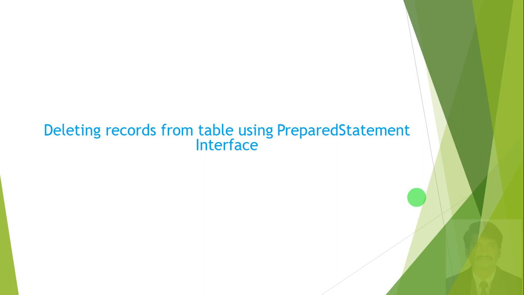Guys, just hold on. Whatever we learned in the statement interface, the same thing we are learning here, right? Using prepared statement, that is inserting data, updating, deleting. Then what is the difference between these two? Guys, look at this.